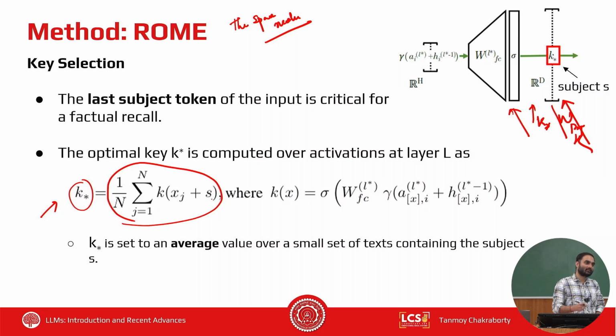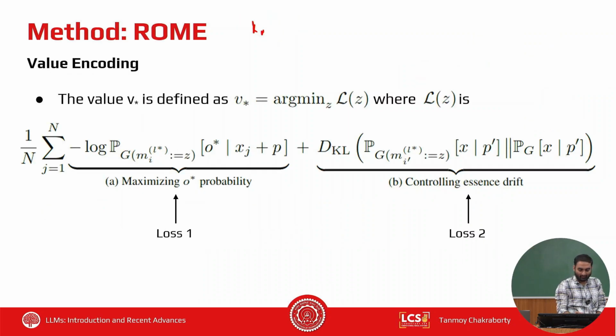Now I am interested in obtaining such a V which will produce the output Joe Biden, right? I am interested in obtaining such a V which will produce the desired output. My desired output is O star, and this is my input prompt.